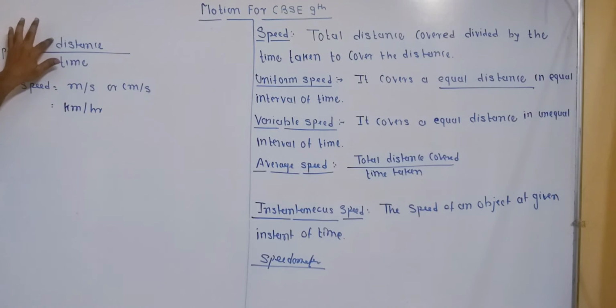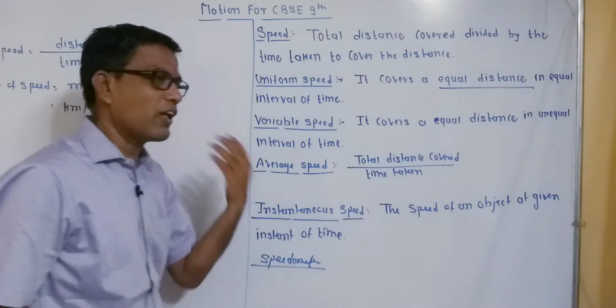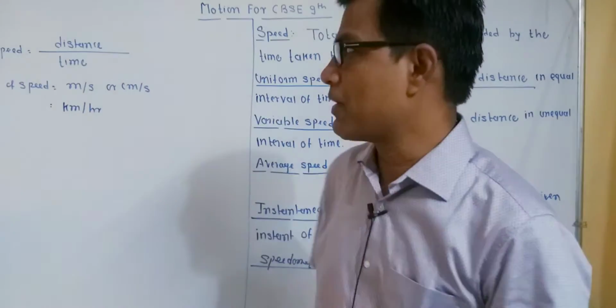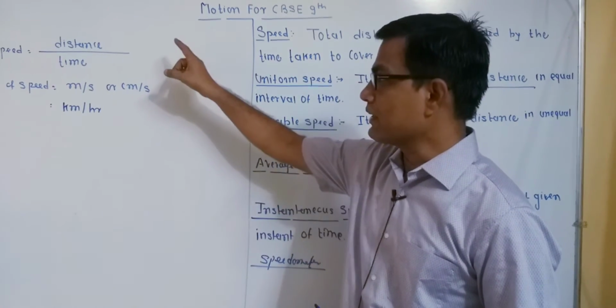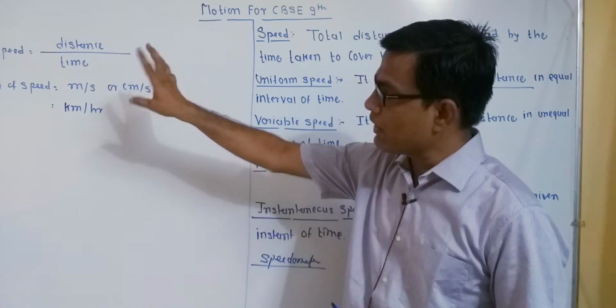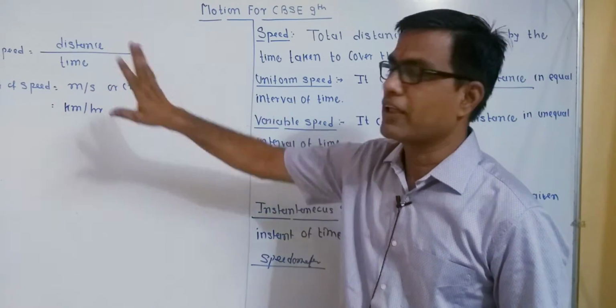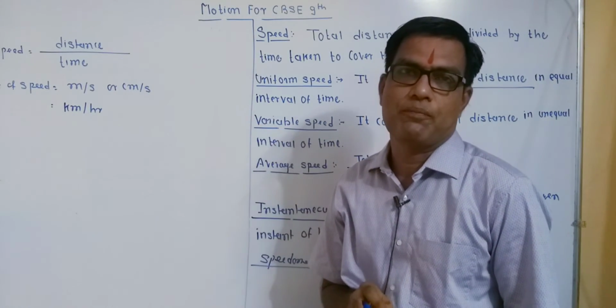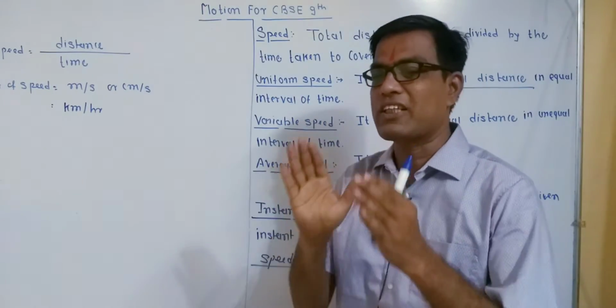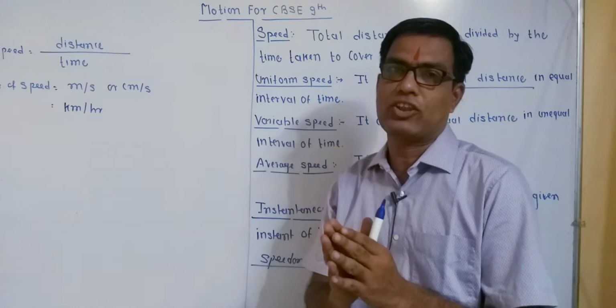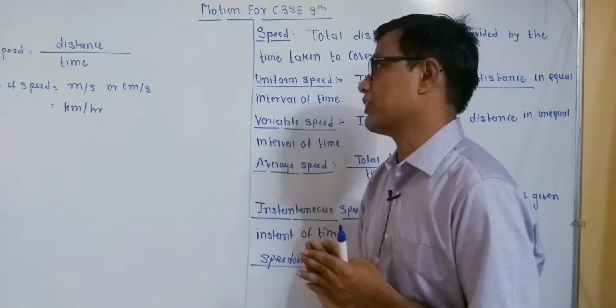Distance is a scalar quantity, meaning it does not require any direction for its representation. That's why distance is a scalar. Same way time is a scalar, and then speed is also scalar, right? That's why speed is a scalar quantity, because it does not require any direction for its representation.